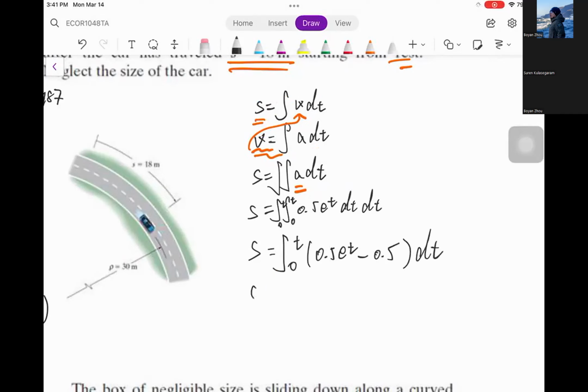And then we're going to solve this one a second time. So that is e to the t minus t minus 1.